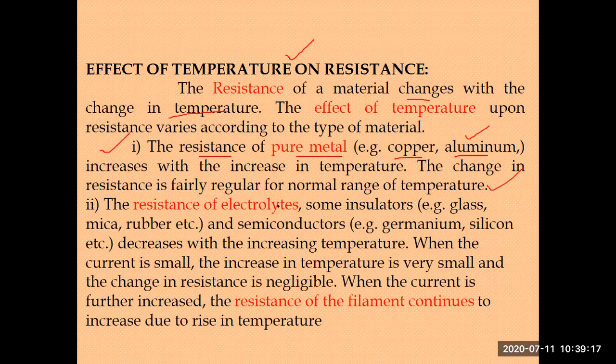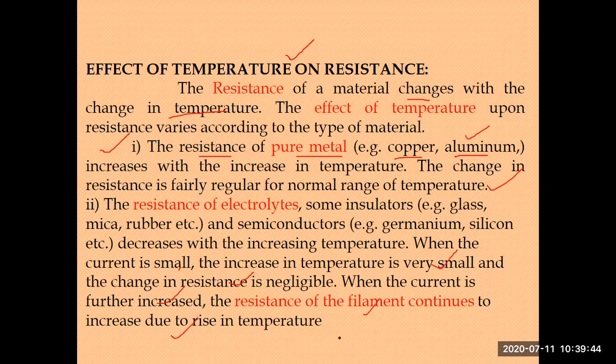The resistance of electrolytes, some insulators like glass, mica, rubber, and semiconductors like germanium and silicon, decreases with the increase of temperature. Hence, when the current is small, the increase in temperature is very small, and the change in resistance is negligible. When the current is increased, the resistance of the filament continues to increase due to the rise in temperature.